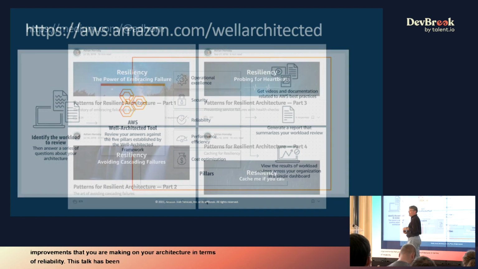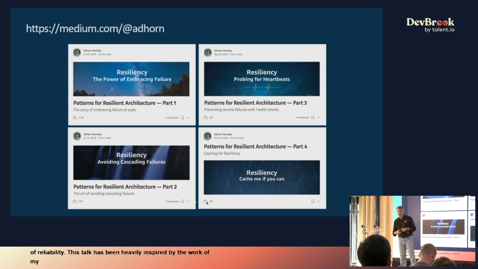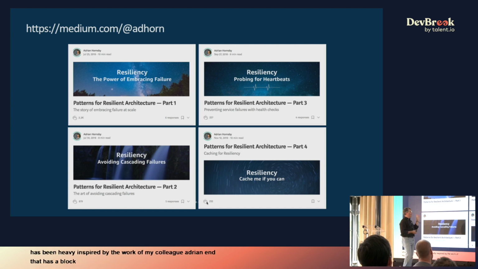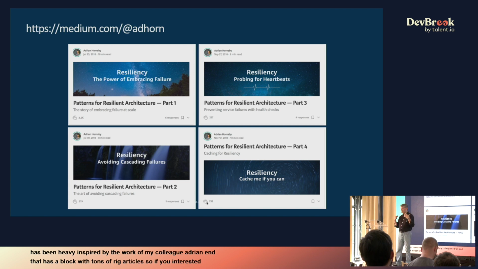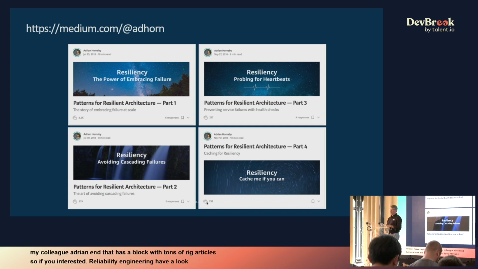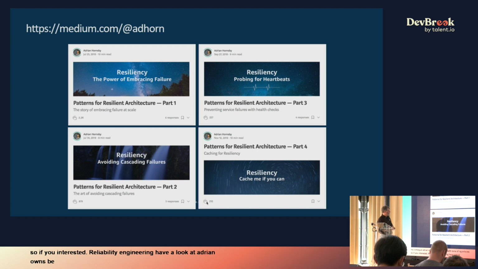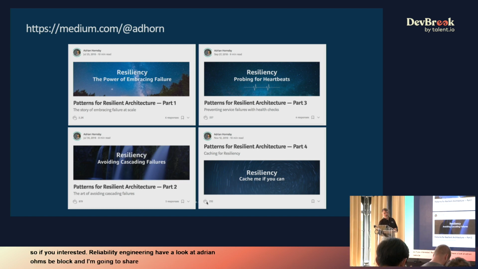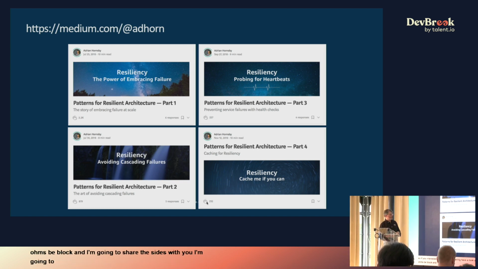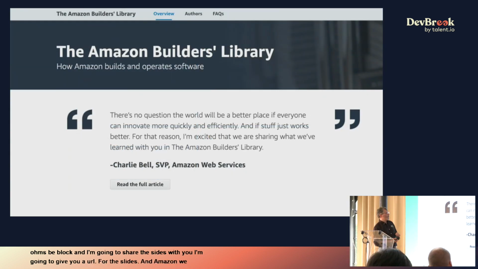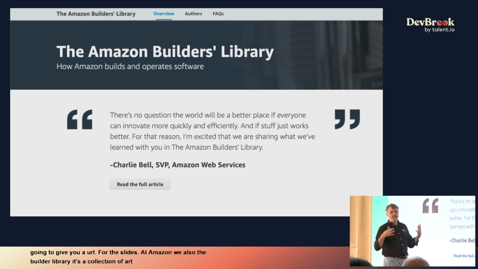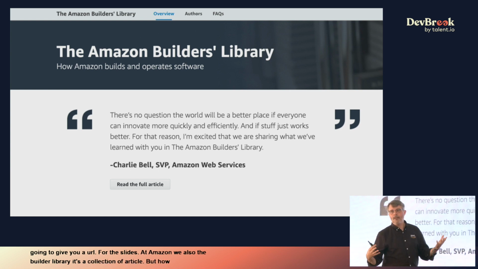This talk has been heavily inspired by the work of my colleague Adrian, who has a blog with tons of really good articles. If you are interested in reliability engineering, have a look at Adrian Hornsby's blog. I'm going to share the slides with you. At Amazon, we also have the Builder's Library. It's a collection of articles about how Amazon is doing things.